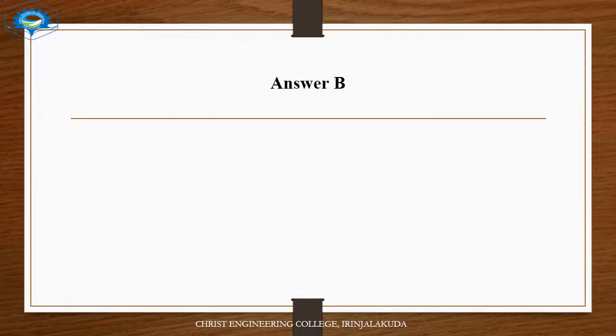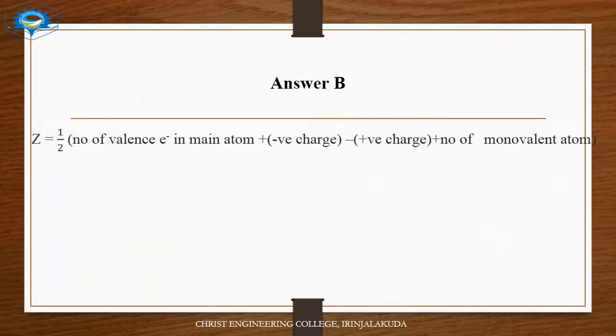How will we find this answer? The question is to find hybridization. Always remember, learn by heart the equation for hybridization. Z is equal to 1 by 2 into the number of valence electrons in the main atom. Here the main atom is carbon, since we have to find the hybridization of carbon.